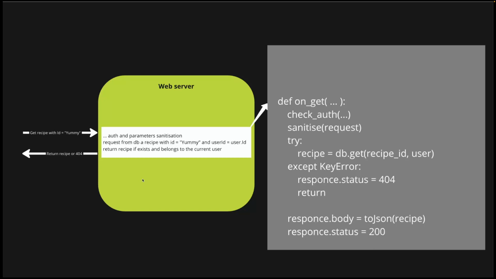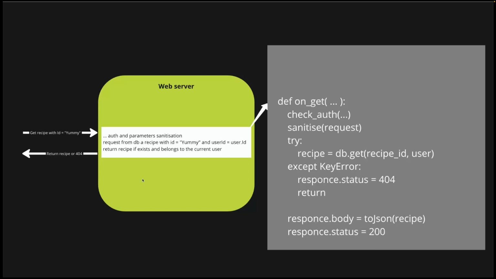Then we have to go to the DB and request from the database a recipe with the ID yummy and also the user ID of the current user, because of course each recipe belongs to some user. And then if we find a recipe, we return it. If we don't find a recipe, we return a 404.